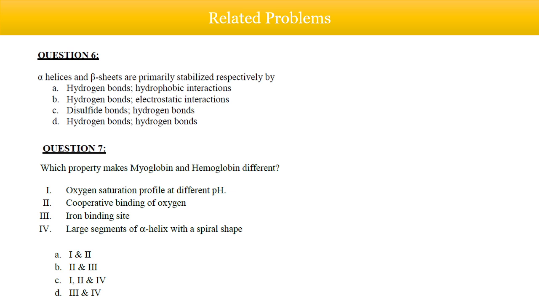Okay, most of you writing A. So yes, myoglobin shows higher oxygen saturation at lower pH, and hemoglobin shows cooperative binding. So the oxygen saturation profile as well as the cooperative binding of oxygen will be different for myoglobin and hemoglobin.